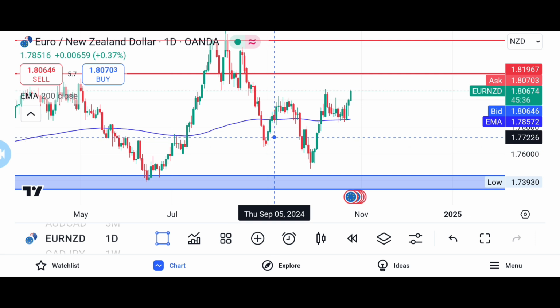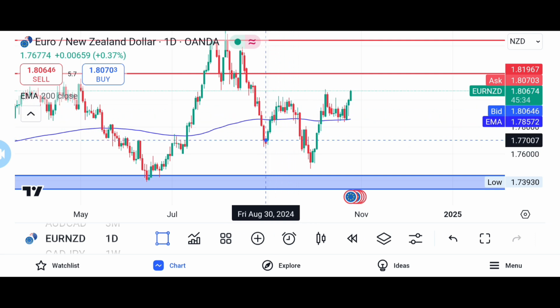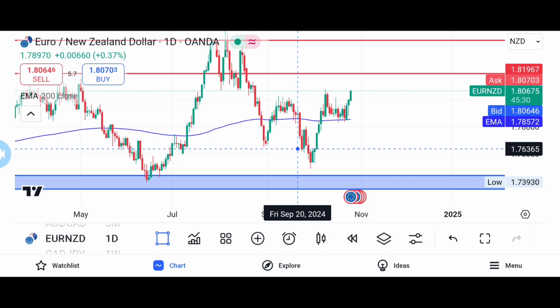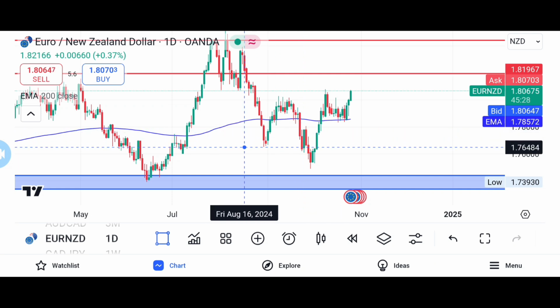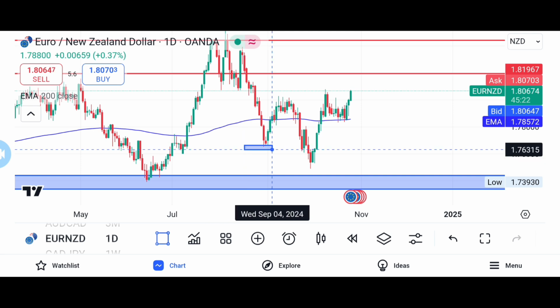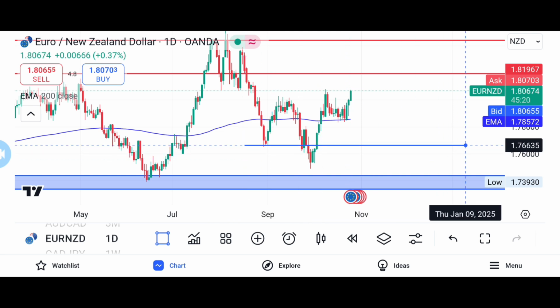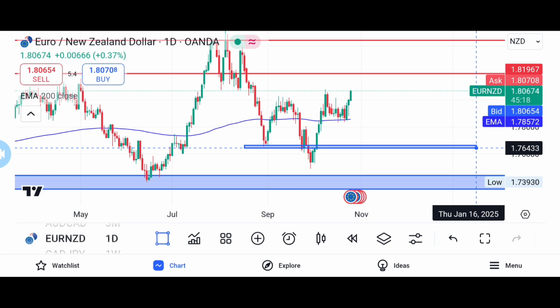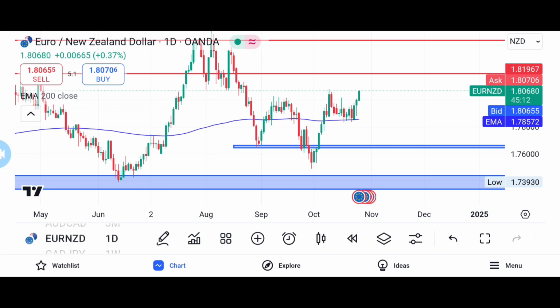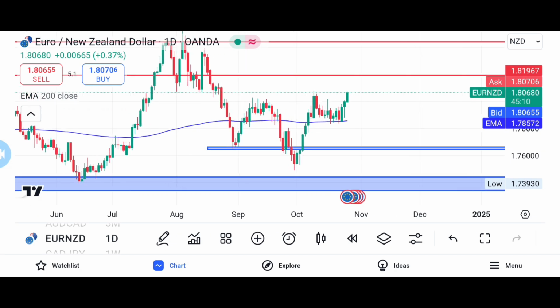Buyers took control and took back the price, and then it dropped again and formed another support here. So we are expecting this to be our new support in this region. We can draw our new support there. Are we together, guys?